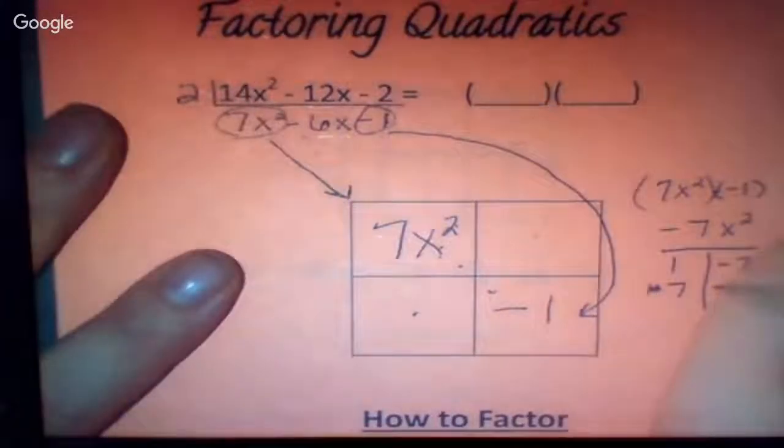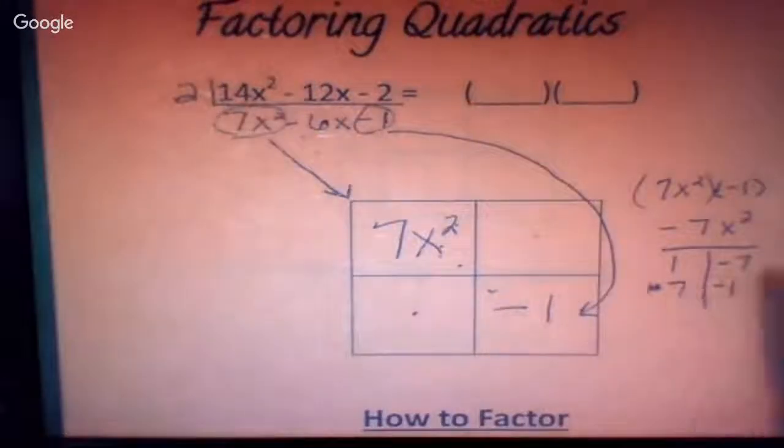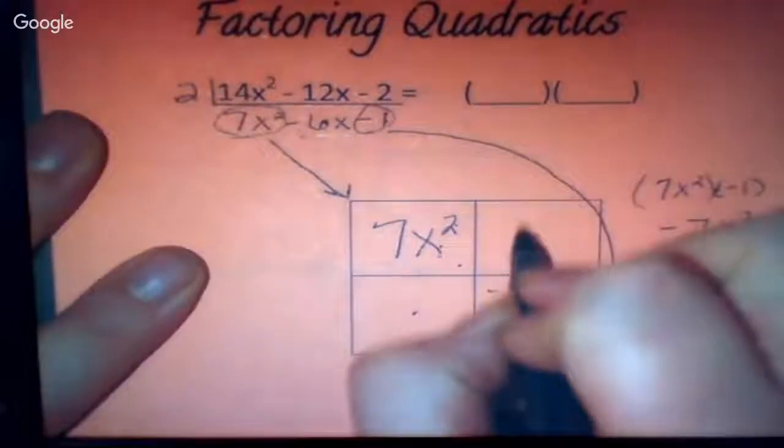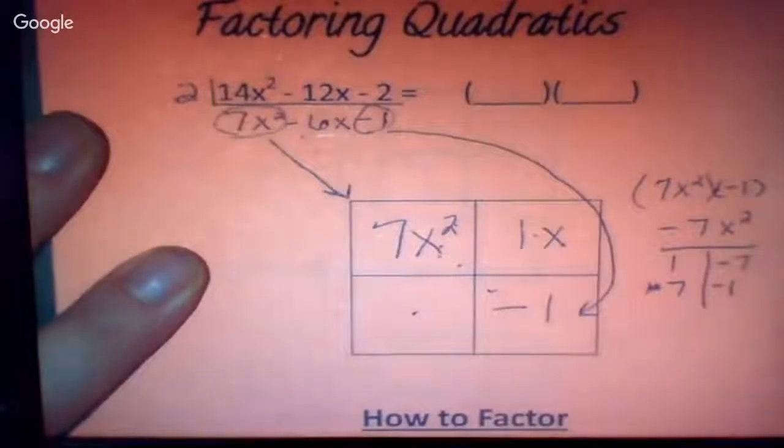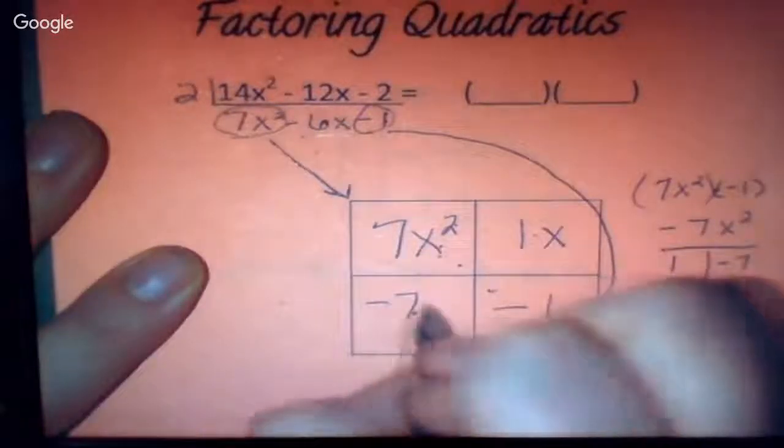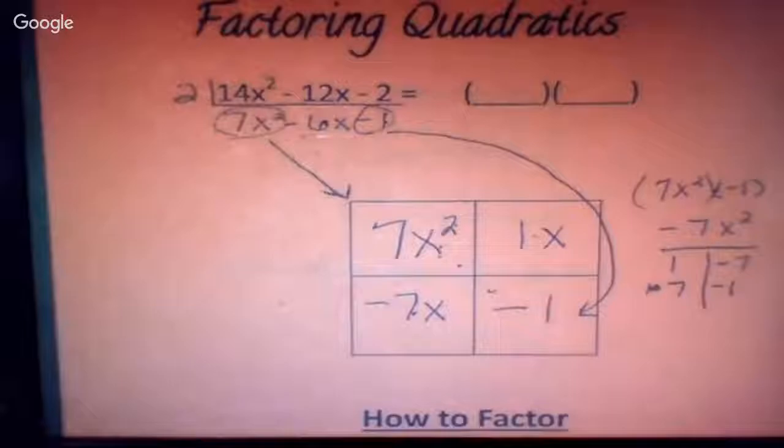This should have been a negative over here. Okay, so 1 minus 7 gives me -6. So that tells me my factors are 1x and -7x. You need to figure out your factors, and then they replace your last two squares.